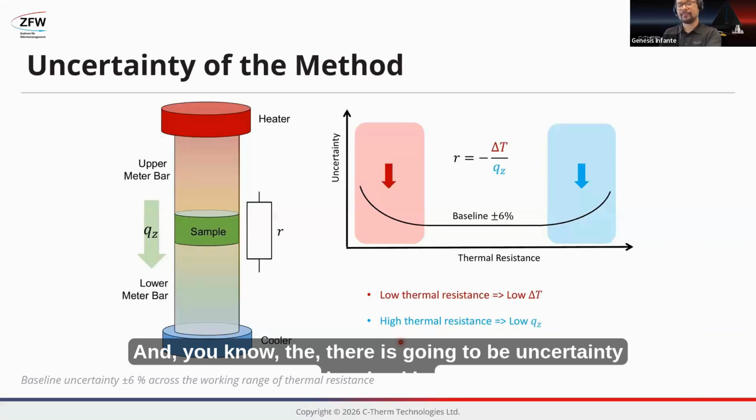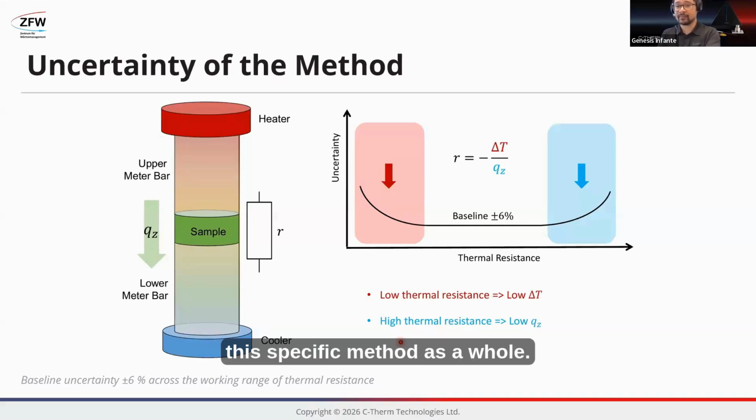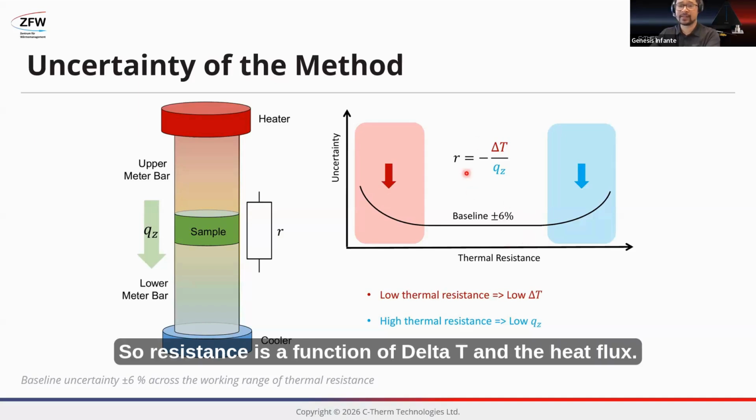And there's going to be uncertainty involved in this specific method as a whole. What you're seeing here is that, as I said, the direct output is resistance, and there are going to be lower limits and upper limits when you measure it. So resistance is a function of delta T and the heat flux.